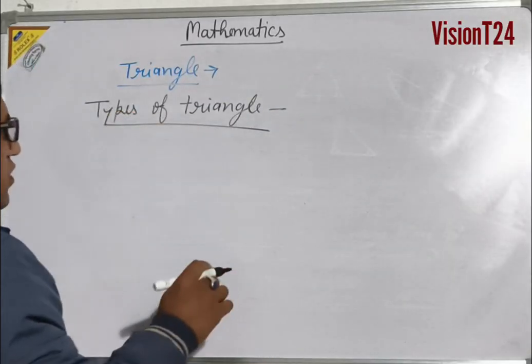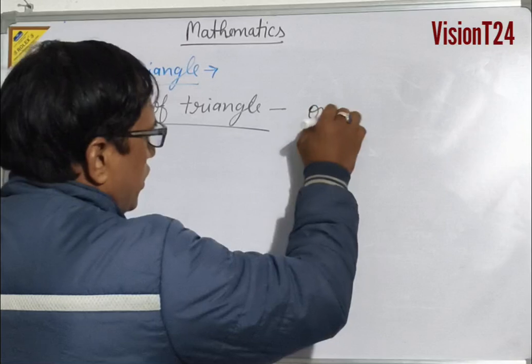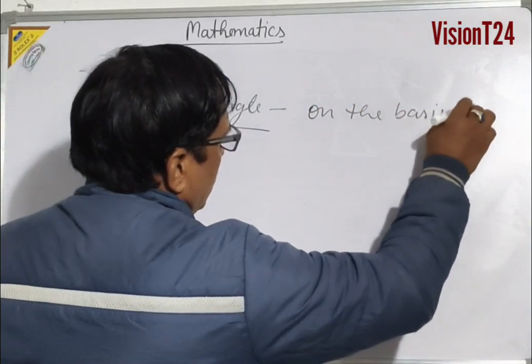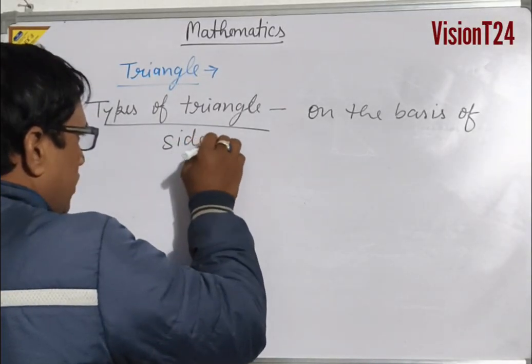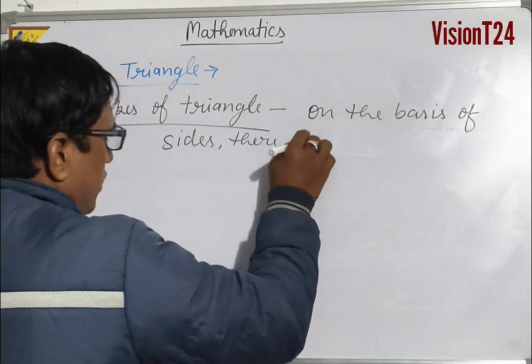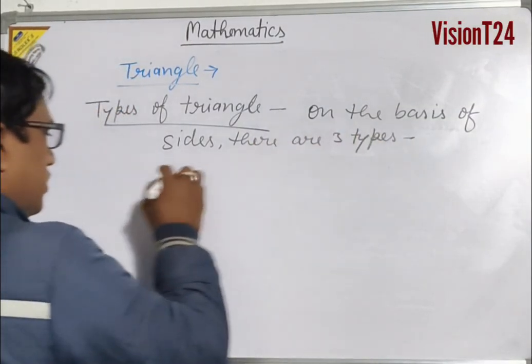Types of triangle. On the basis of sides, there are three types. Which one?